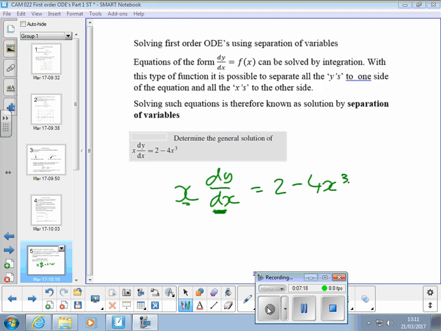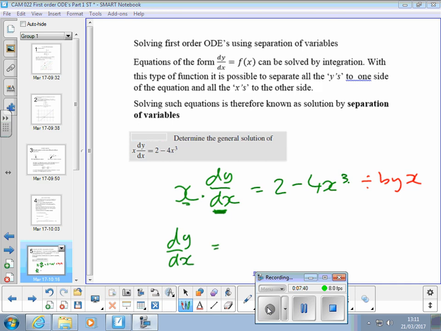What's the operation between these two? So we want to divide by x. Dividing by x on this side leaves us with simply dy by dx.